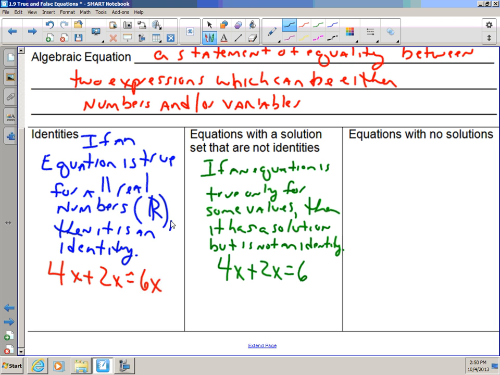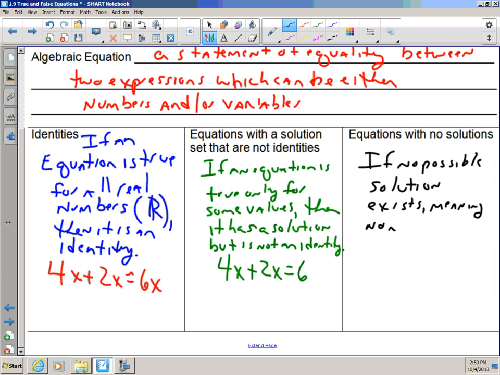And then the third situation is equations with no solutions. So if no possible solution exists, meaning no numerical value can make the equation true.